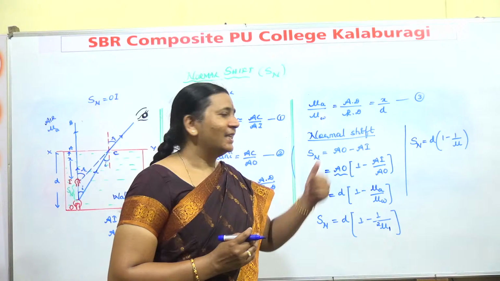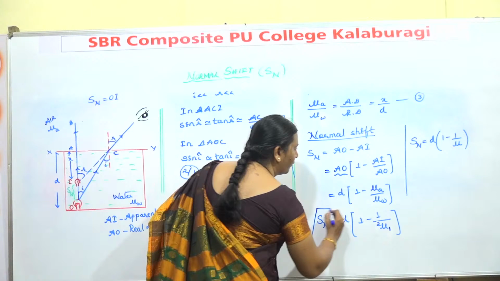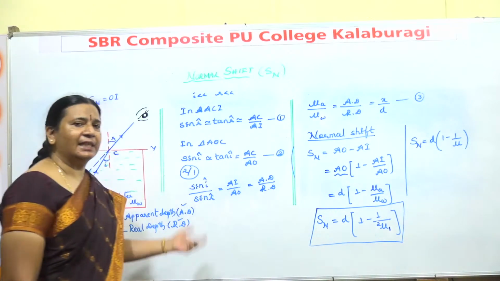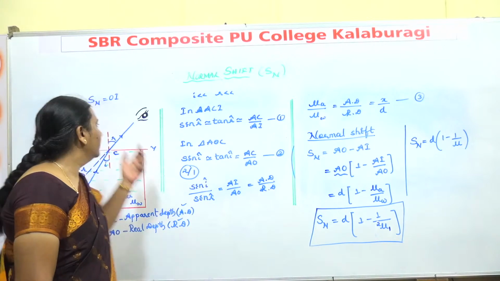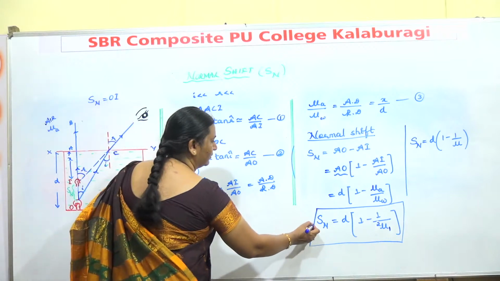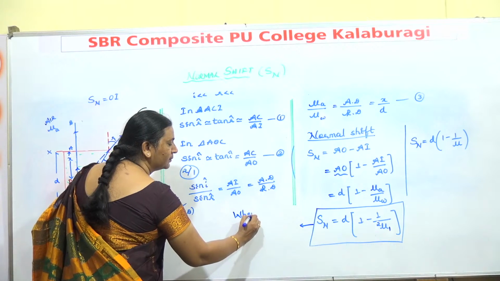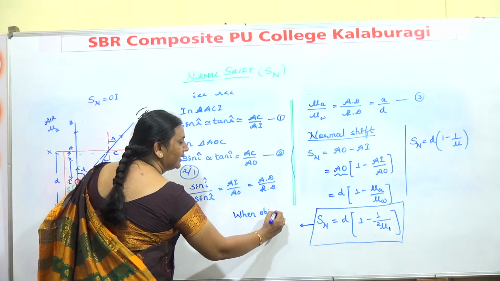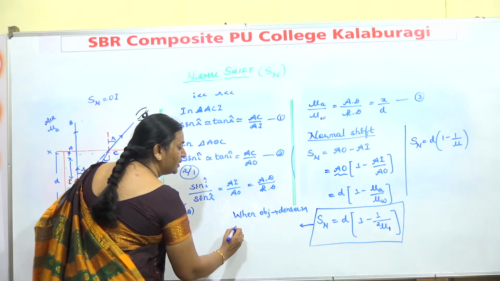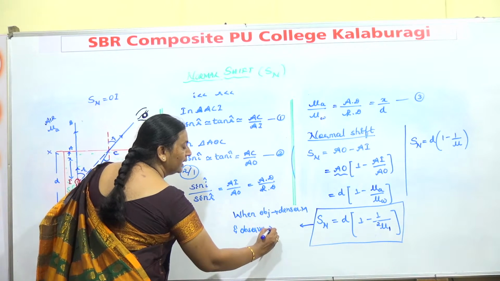This formula is for when the object is in the water, the denser medium, and the observer is in the rarer medium.